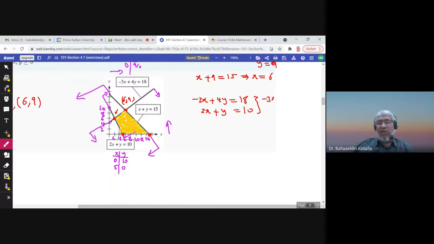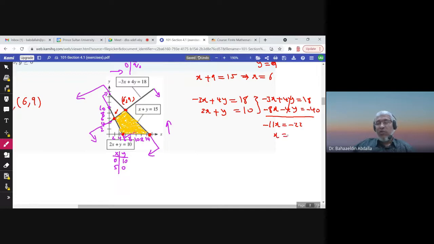So negative 3x plus 4y equals 18 without a change, and multiply the second equation by negative 4. So negative 8x minus 4y equals negative 40. And now I have negative 11x here, and these two would be cancelled, and negative 40 plus 18 is just negative 22.